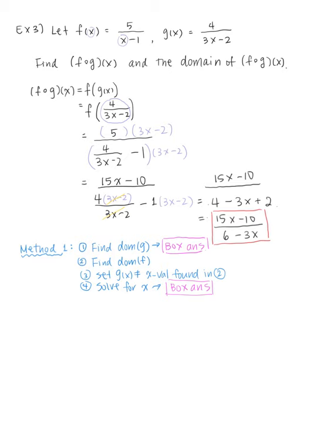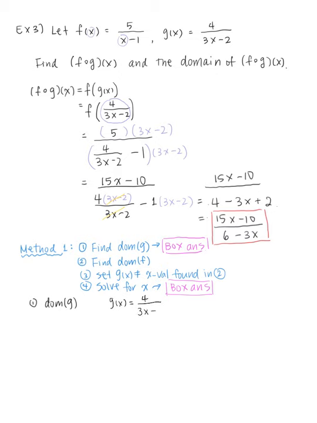Okay, so let's first follow what the textbook is asking you to do. Step 1, to find the domain of f of g of x, find the domain of g, where our g of x is 4 over 3x minus 2.